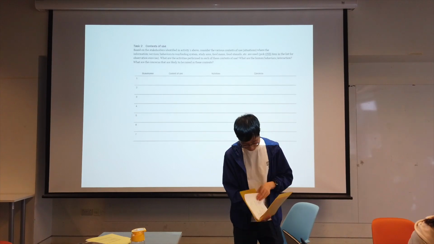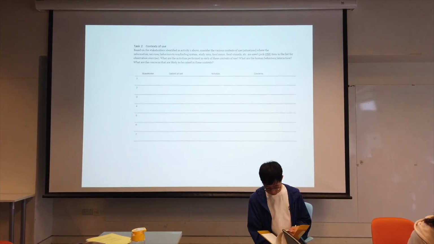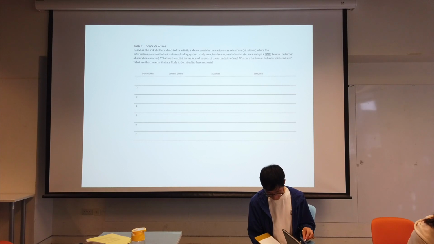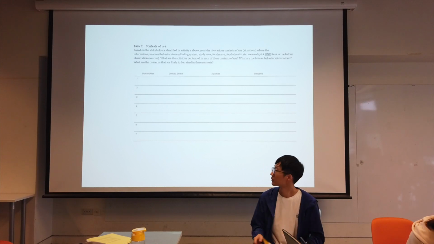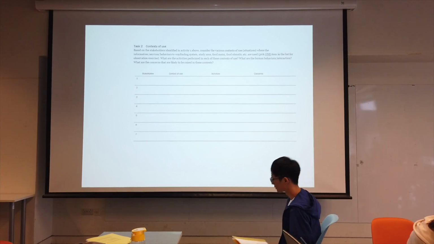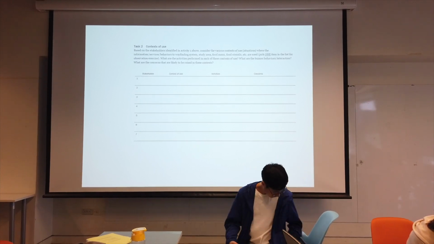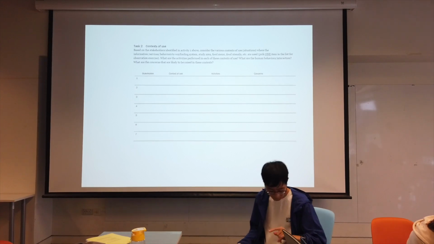Task 2 is about context of use. For example, students: most students borrow books. Is it really true, or do they just borrow videos or movies to enjoy themselves at lunchtime?